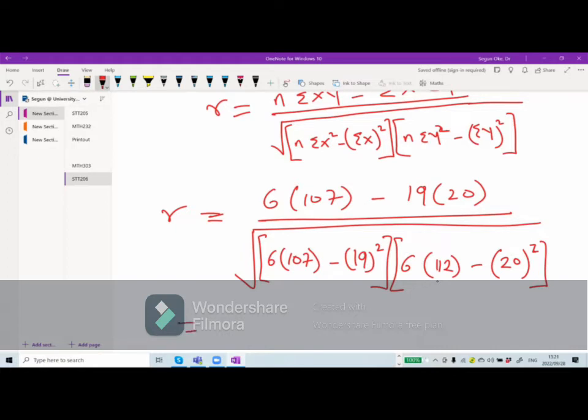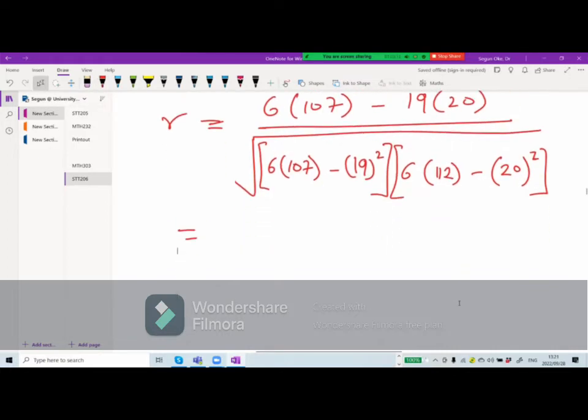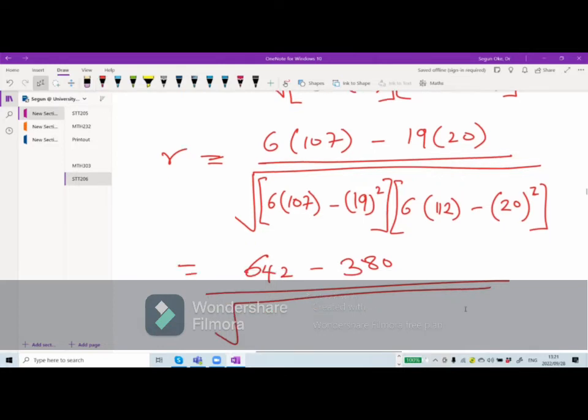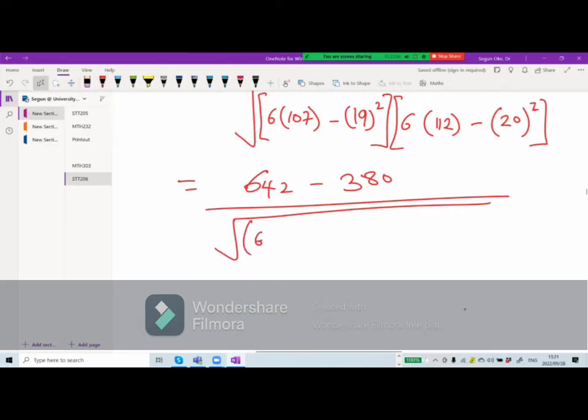So what do we have here? The first one is 6 multiplied by 107, which is 642. 642 minus 19 times 20, which is 380, divided by 642 again, minus 19 squared, which is 361.